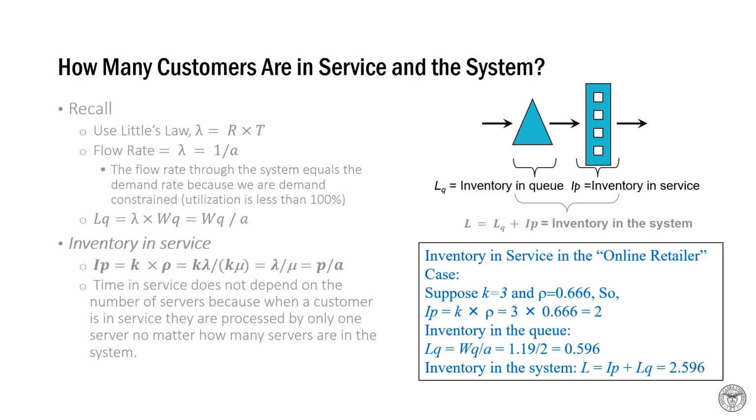If the time in queue, WQ, is 1.19 and the inter-arrival time, A, is 2, the inventory in the queue will be LQ equals 1.19 over 2 equals 0.596. Adding this together, we find that the total inventory in the system is L equals IP plus LQ equals 2.596.